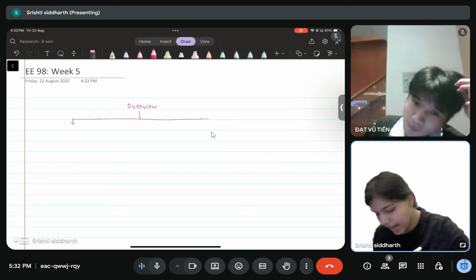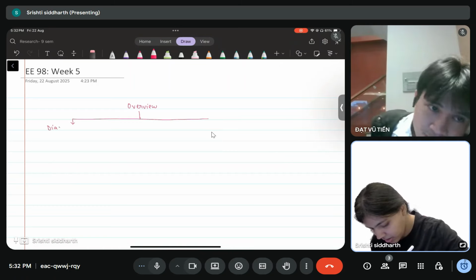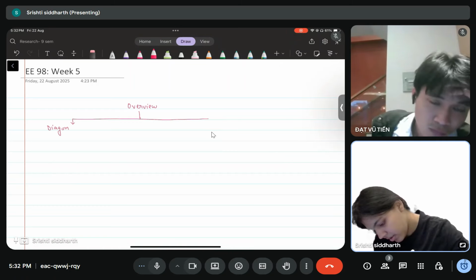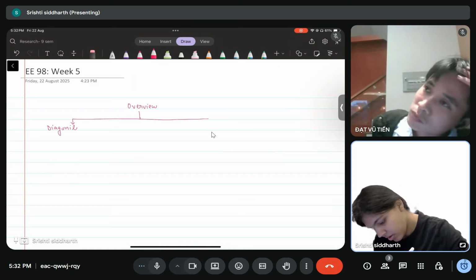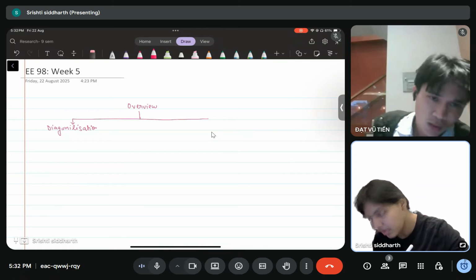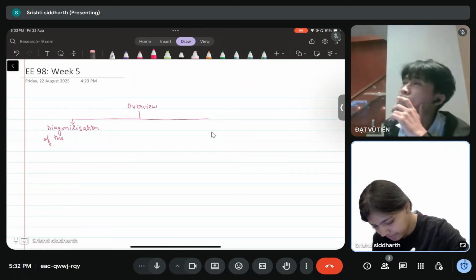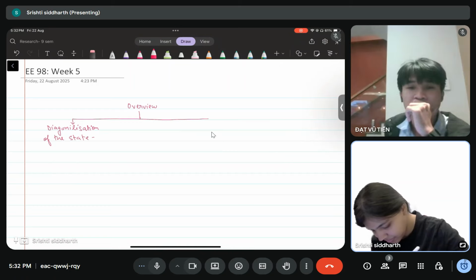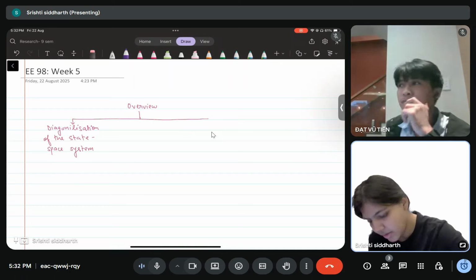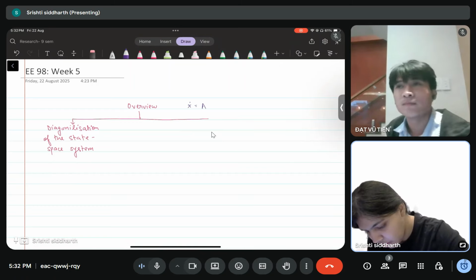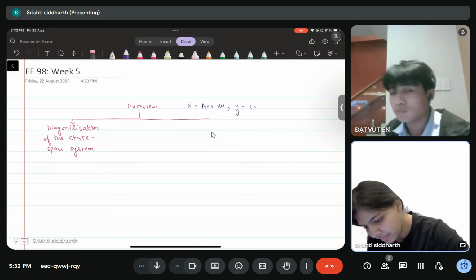So we looked at diagonalization of the state space system, x dot equals Ax plus Bu, then the output equation.